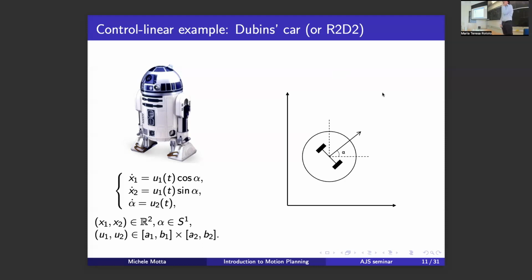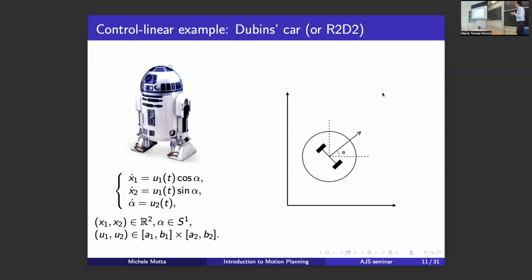So let's see now another example of control linear system in the design. Now we want to describe the motion of, let's say, a vehicle. This model in literature is known as Dubins, but you can think, for instance, of the robot R2D2 from Star Wars.